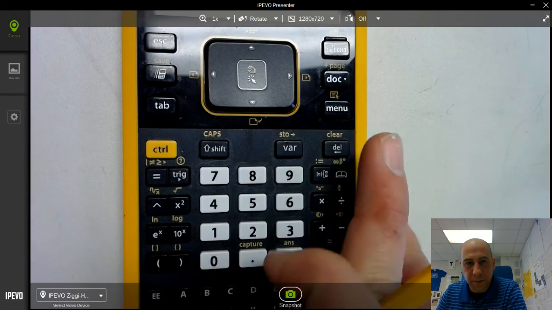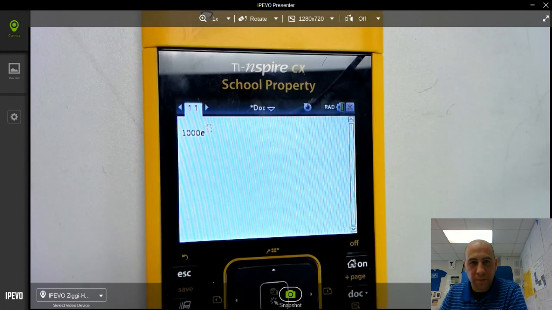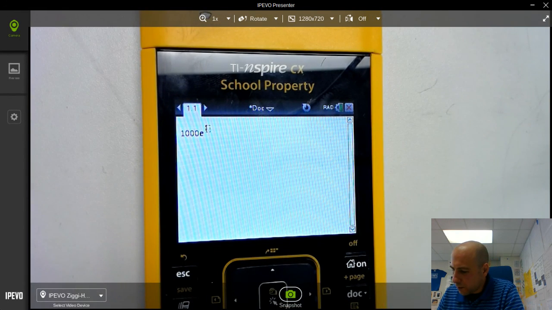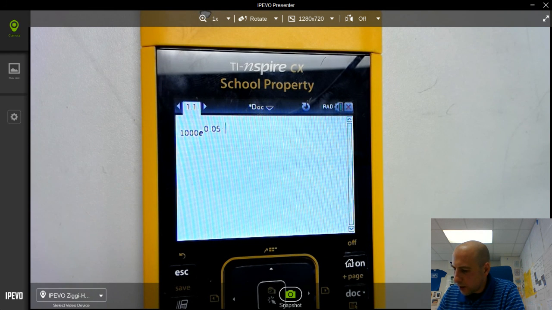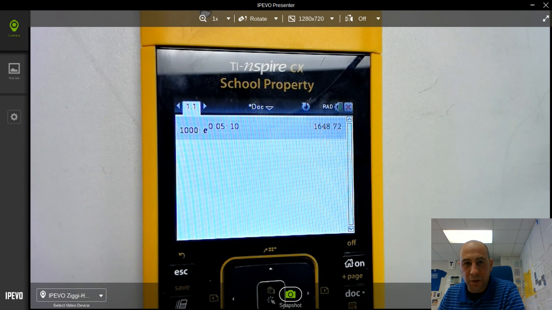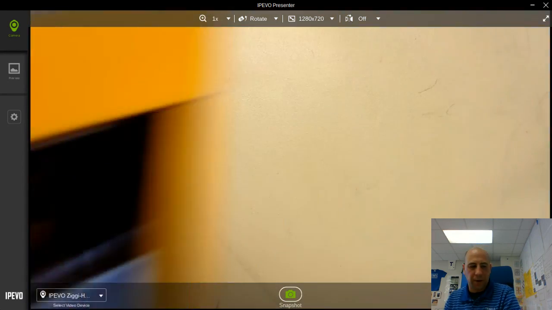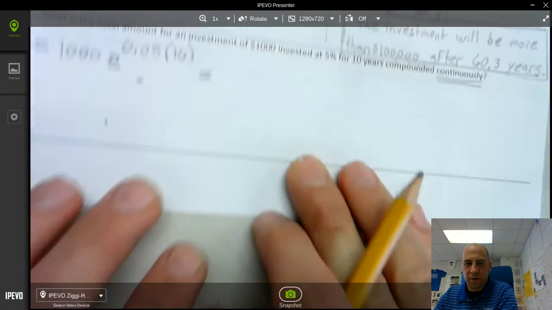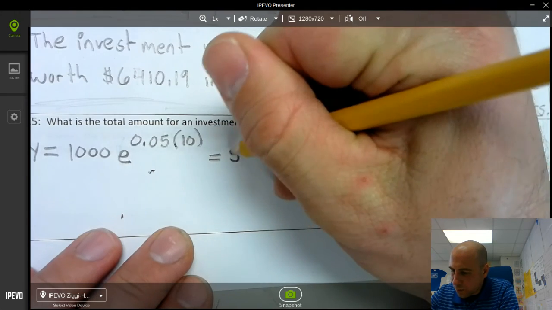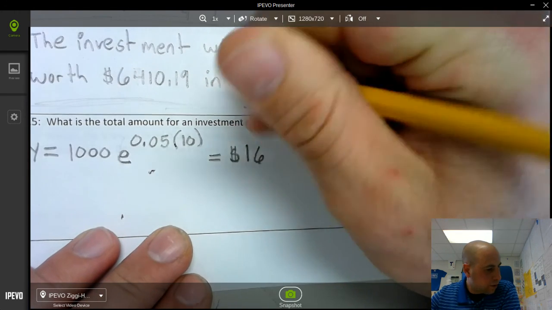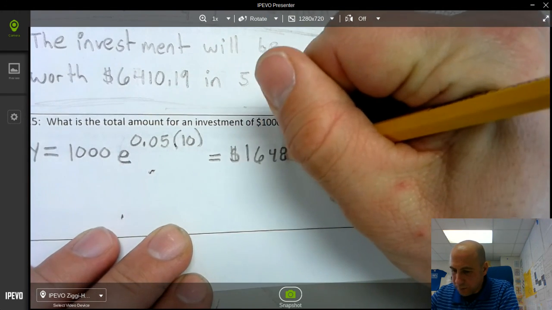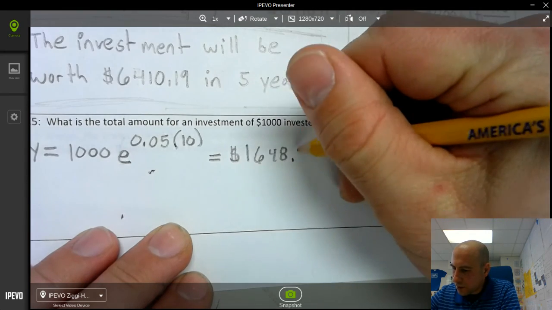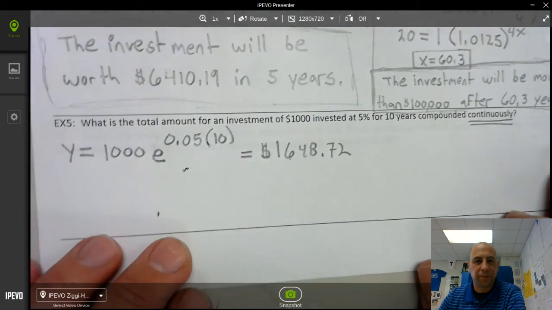So E raised to the 0.05 times 10, which is $1,648.72.